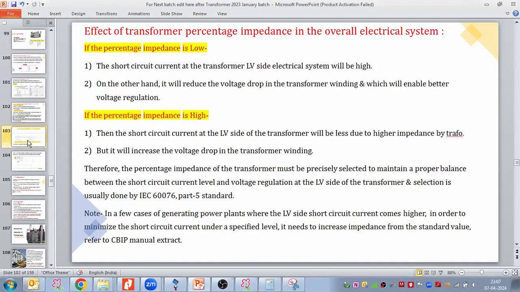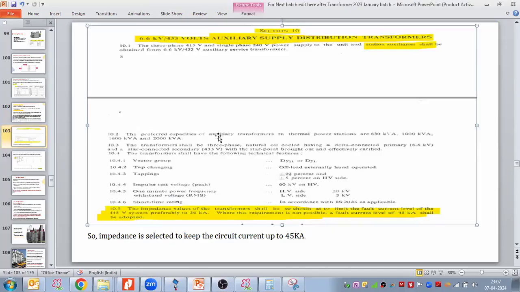Here I have taken a CBIP manual, which is a local Indian design manual, for the 6.6 kV by 433 V auxiliary supply distribution transformer, basically for the LV system.